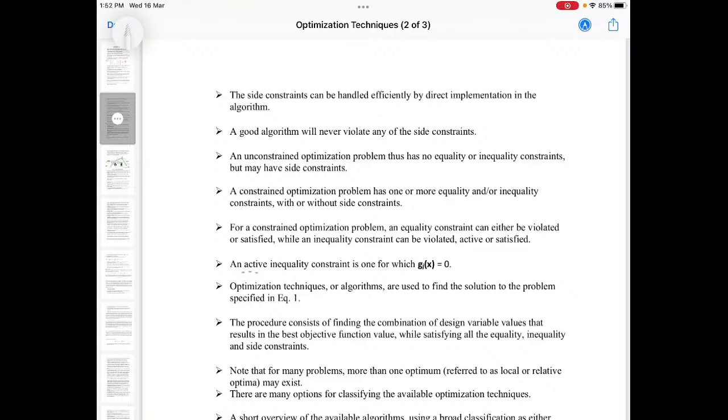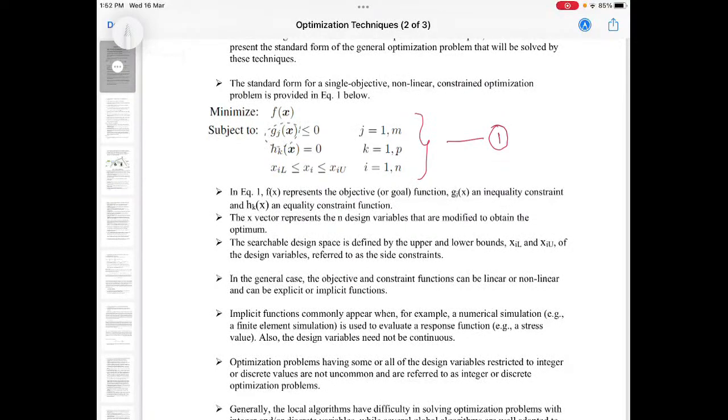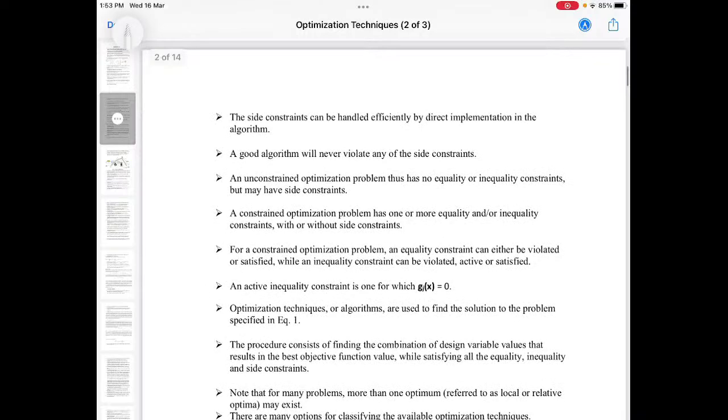An active inequality constraint is one for which Gj of x is equal to 0. In the earlier equation we defined this Gj of x, and we have the condition Gj of x less than or equal to 0. So when Gj of x is equal to 0, we call this an active inequality constraint.